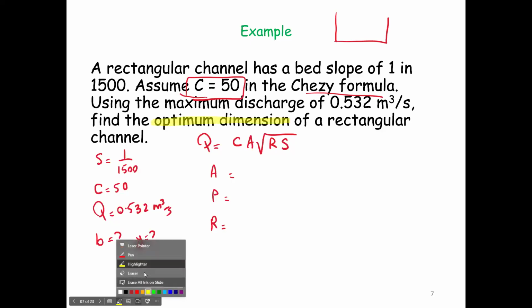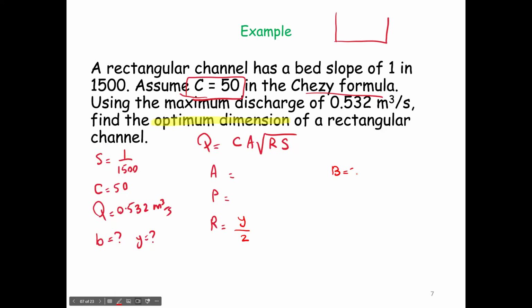It means that it's giving me the hint that you should go for the best hydraulic section, the most efficient one, optimum. And in the optimum one, if you remember, it was Y over 2, for example. Or if you remember, let me write it here, B was equal to 2Y. So instead of BY, I will write 2Y multiplied by Y. And I will write it here, optimum, which is B equal to 2Y for rectangular.